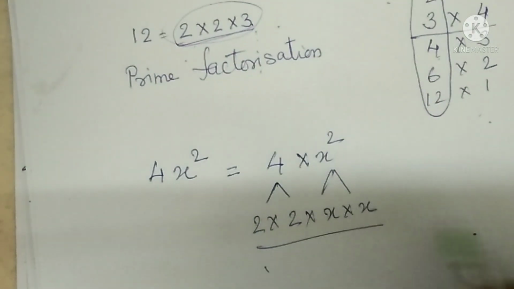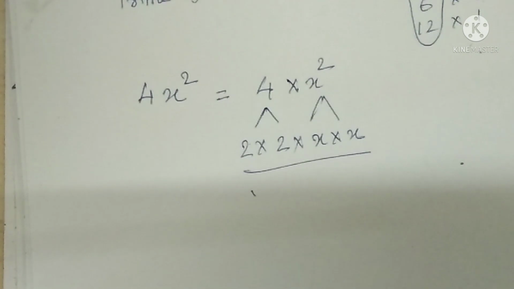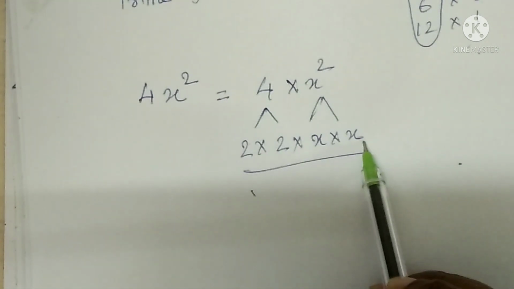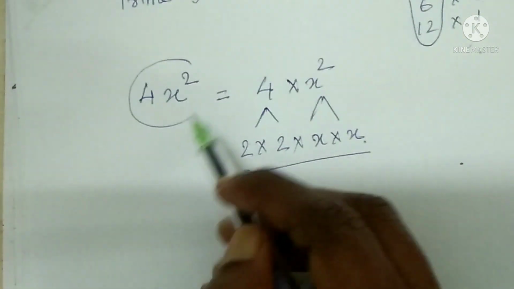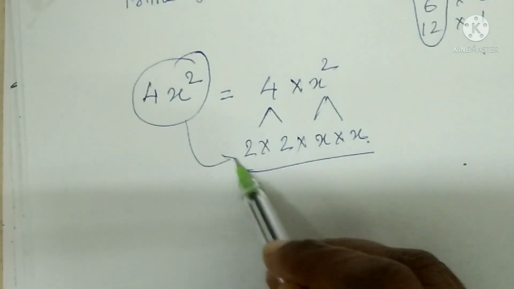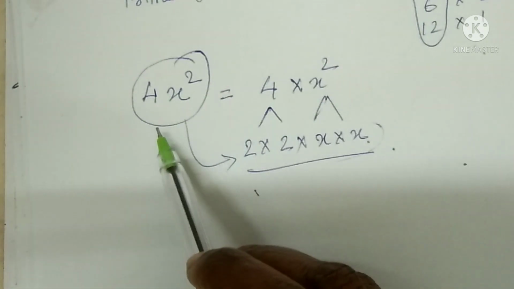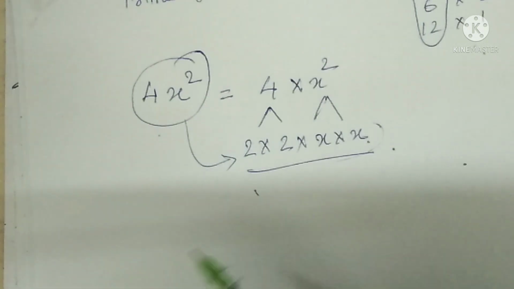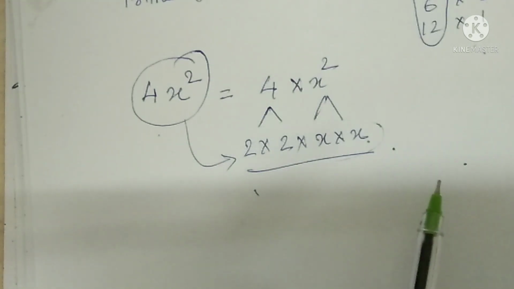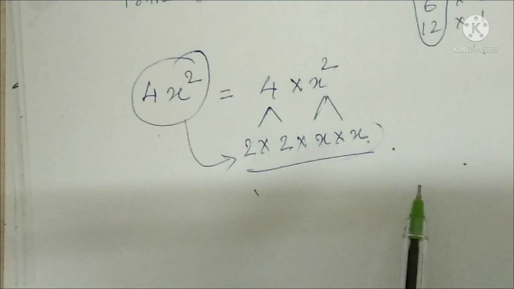So, these are the factors of 4x square. Writing 4x square as the product of its factors is called factorization of monomials, right. Any monomial can be written as the product of its factors, that is called factorization.